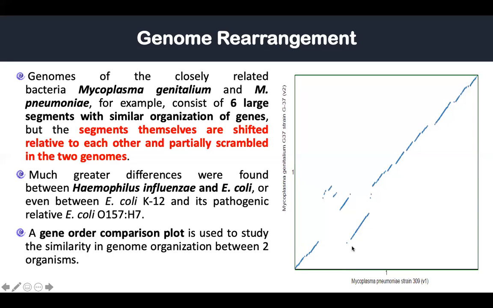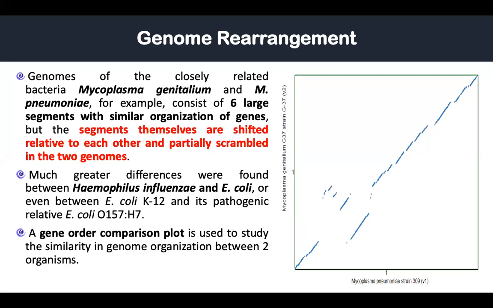So you don't see that it's exactly similar. With this, they compared these two genomes and found 6 different segments. This is the first, and this is the second segment. This is the third, fourth, fifth, and a sixth segment. In these 6 segments, they found that they are very similar in the arrangement of genes.